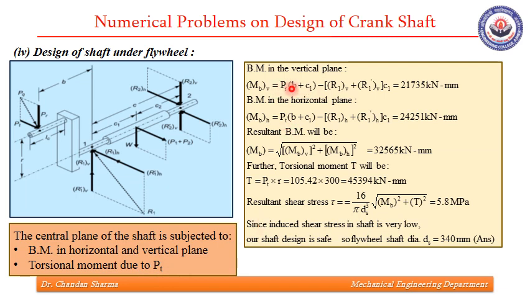Again, using simple equations, we found the bending moment in the vertical plane, the bending moment in the horizontal plane, then the resultant bending moment, then the torque, and then we calculated the resultant shear stress using the maximum shear stress theory. It comes out to be 5.8 megapascal for the shaft diameter of 340 mm. Since the induced shear stress in the shaft is very low, we can say that our shaft design is safe. So the flywheel shaft diameter DS will be 340 mm.